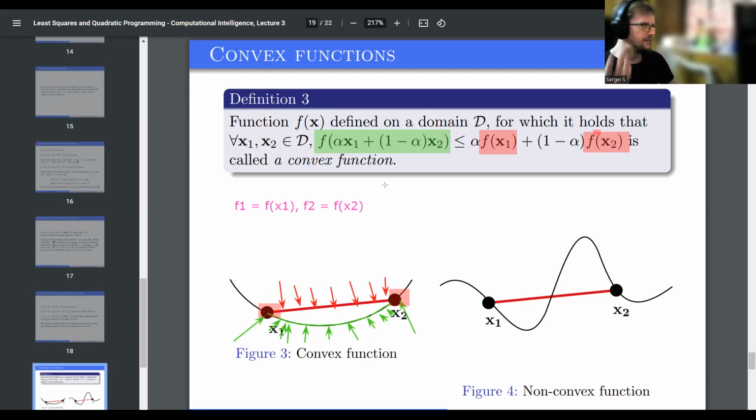Mathematically, it means the function output, if the input is a convex combination of x1, x2, should be less than the convex combination of f of x1 and f of x2.